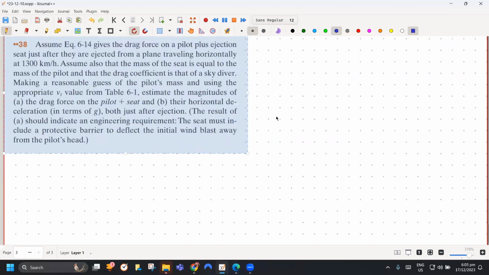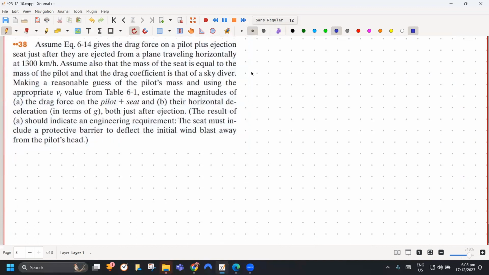Estimate the magnitudes of the drag force on the pilot plus seat, both just after the ejection. Ah, so this is not yet terminal speed.